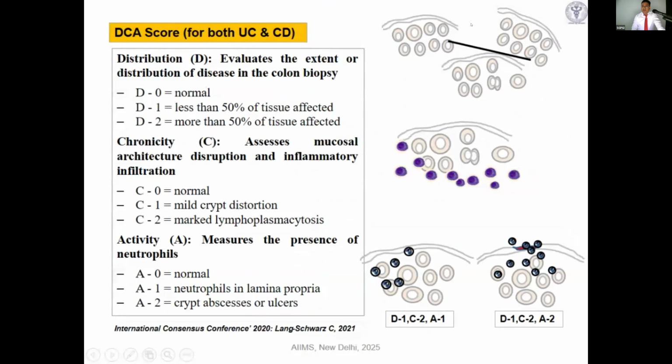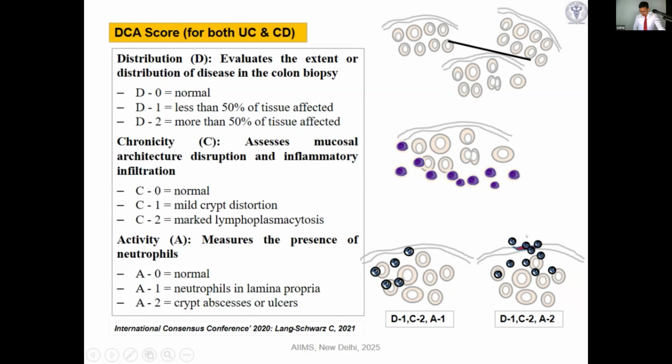One is the diffuse pattern: whether the disease is very patchy, less than 50%, or involves more than 50% of all segments. Then chronicity. Chronicity means either mild crypt distortion or marked lymphoplasmacytosis, C2 like this, and activity. Are there neutrophils in the lamina propria, or presence of crypt abscess or ulcers, A2?